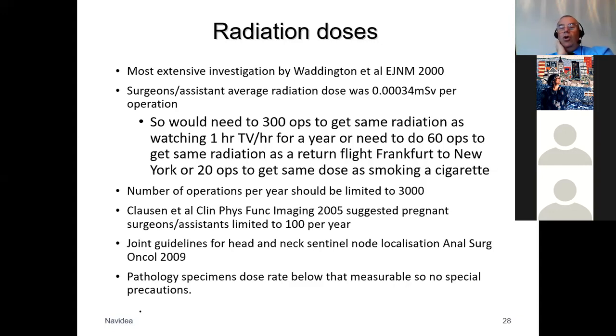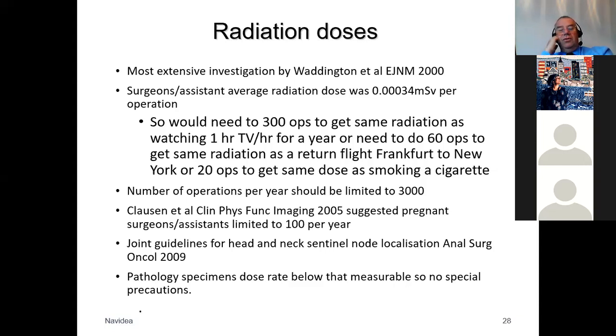So they were told they had to have a limit. Using the 1 millisievert limit, that means that any surgeon can do 3,000 sentinel node operations per year. Well, that's never going to happen, is it? It was suggested, this is modified in 2005, that if they are pregnant surgeons, they limit it to 100 per year. 2 a week.